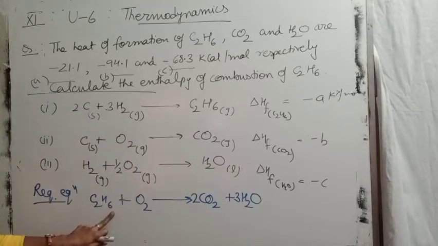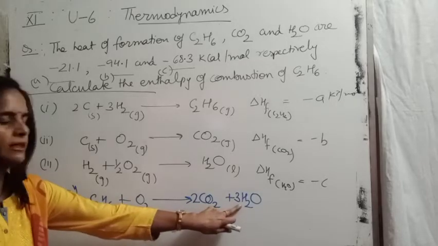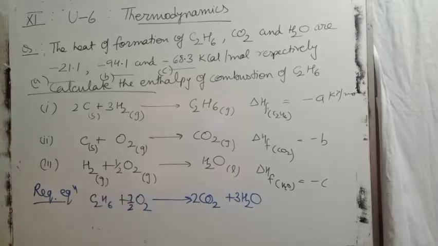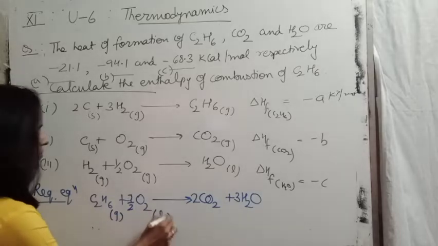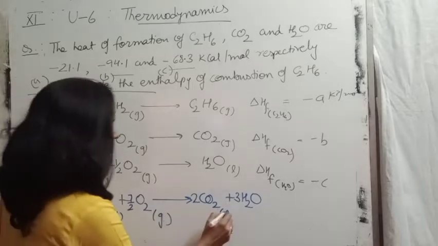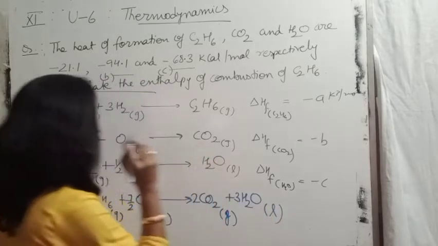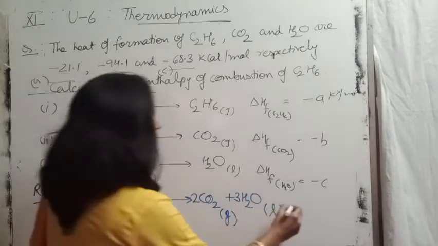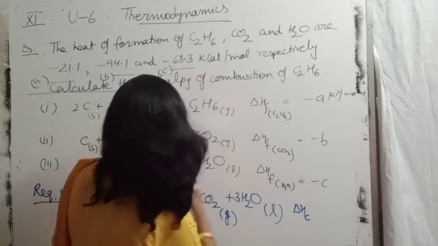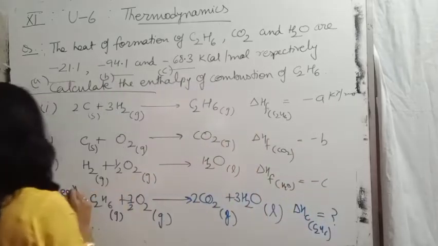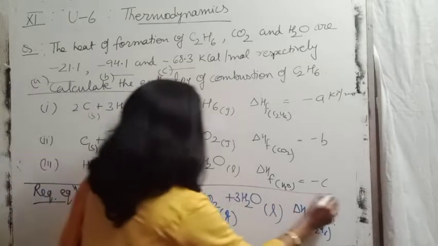Now just check how many oxygens are there. 4 plus 3, 7. So we write here 7 by 2 oxygen. Now physical state, gas and liquid. Correct? We want to calculate enthalpy of combustion for C2H6. This we have to find. This is our required equation.